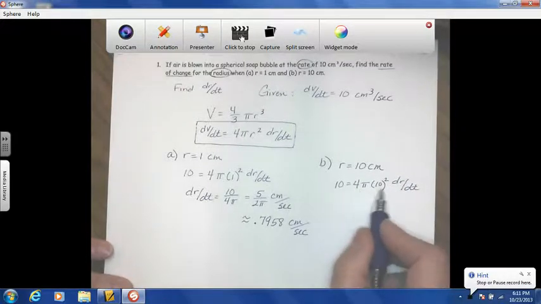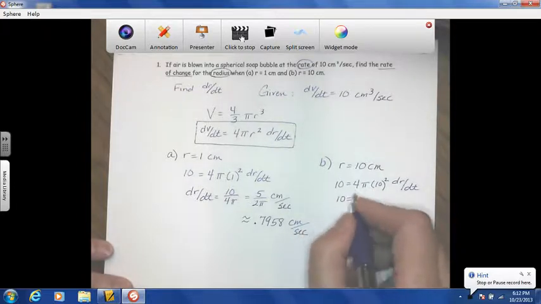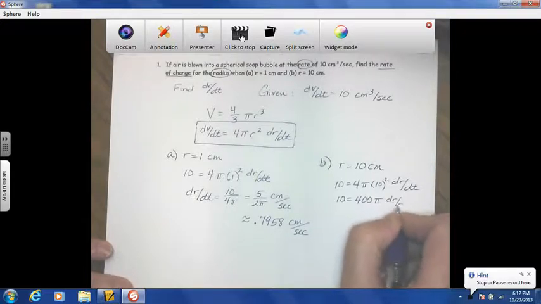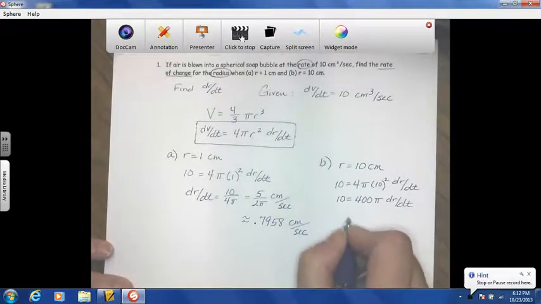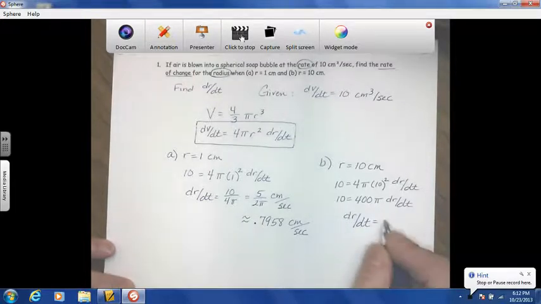Once again, cleaning this up, we have 10 equals 400 pi dr/dt, and then divide to get dr/dt. So the rate of change of the radius with respect to time will be 10 divided by 400 pi, which will reduce to 1/40 pi.